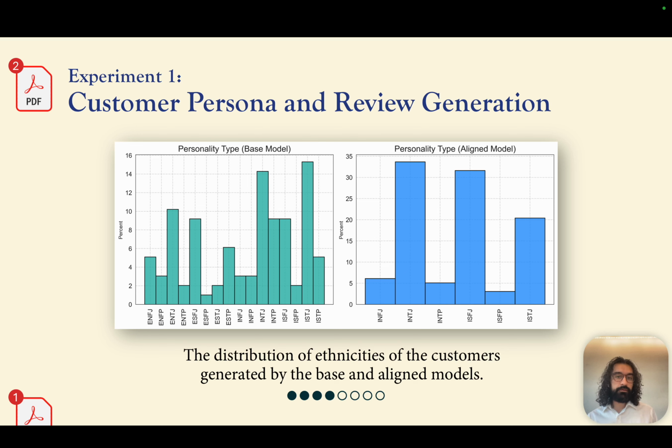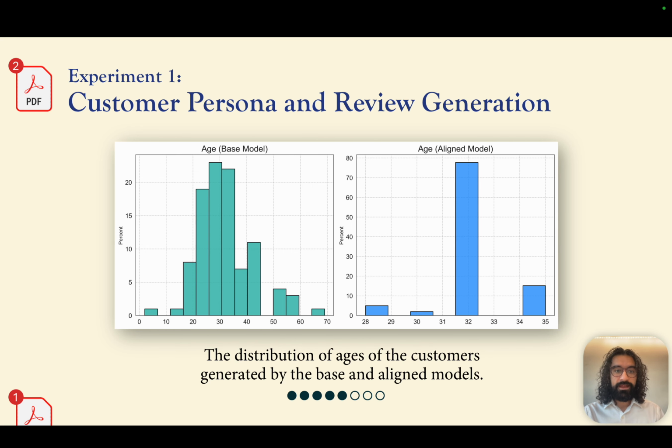And personality type is an interesting one because we have 16 different personality types according to the MBTI test. And the base model covers all of them, whereas the aligned model just doesn't even know that 10 other personality types exist. And the distribution of age is an interesting one too, because we see the Gaussian distribution with the base model, whereas the aligned model just doesn't know any concept of the age 33, 34.